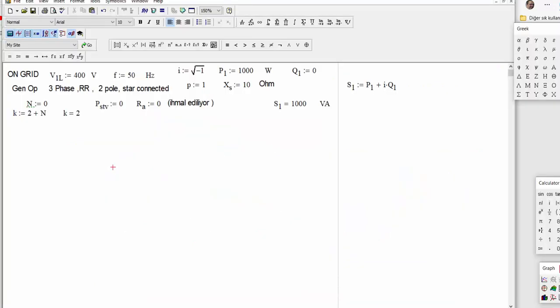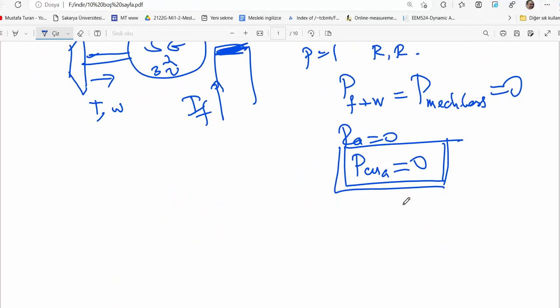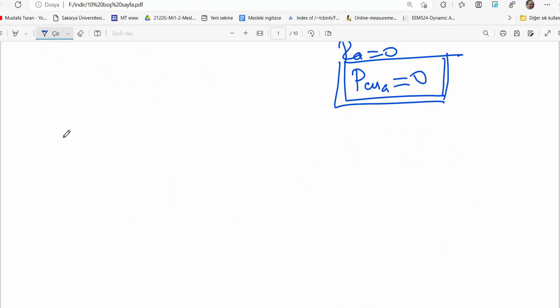How can we solve this question? There are possibly a few methods, but we should choose one. Let me write the formulas that can be used. Here is Kirchhoff's voltage law for the equivalent circuit, EF.